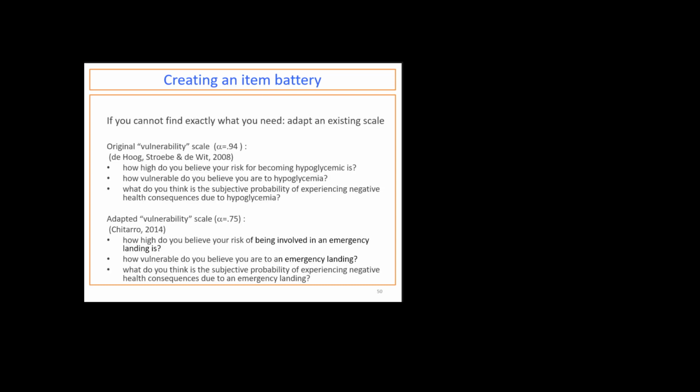There's an example here of the scale vulnerability. That's how vulnerable or how high do you perceive the risk of hypoglycemic is. And Shitaro, who did research on emergency landings in virtual reality, he just adapted that existing scale by just only changing the topic. The alpha score is lower though, but it's a good idea just to change the topic.